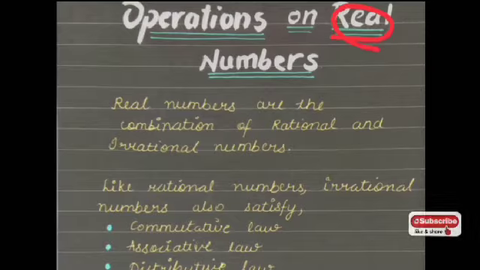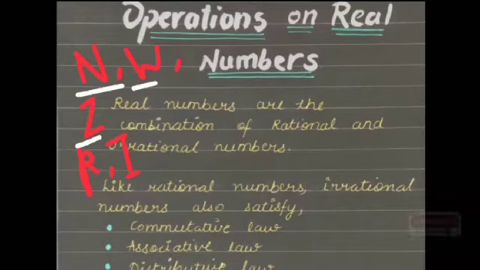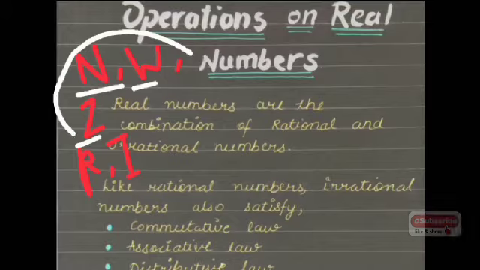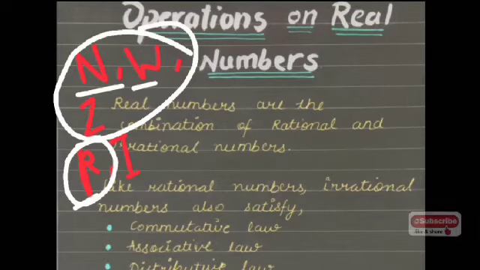Operations on real numbers. What are real numbers? They are the combination of all the sets of numbers, that is natural numbers, whole numbers, integers, rational numbers and irrational numbers. We have already discussed in the previous videos that when natural numbers, whole numbers and integers combine, we get the rational number set.